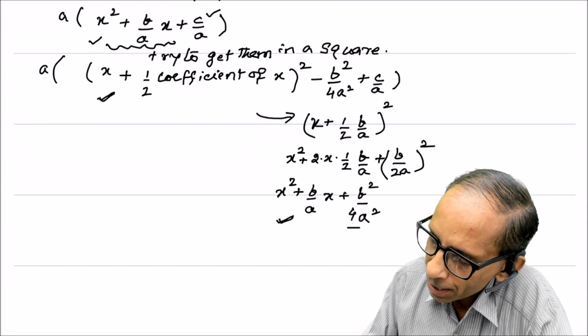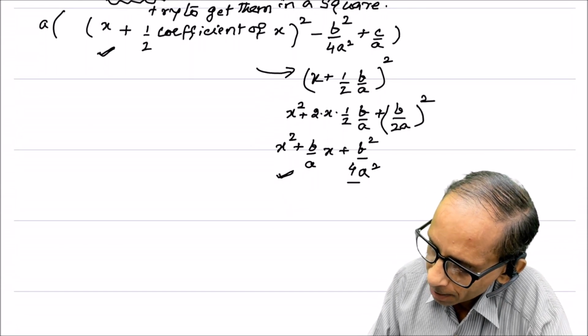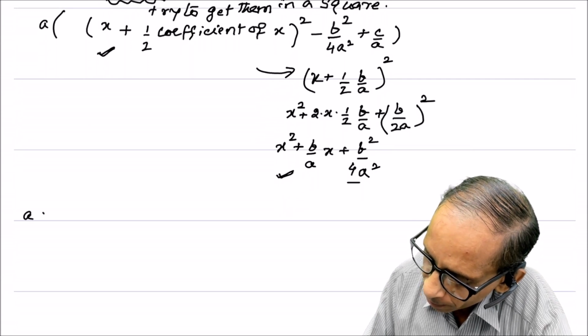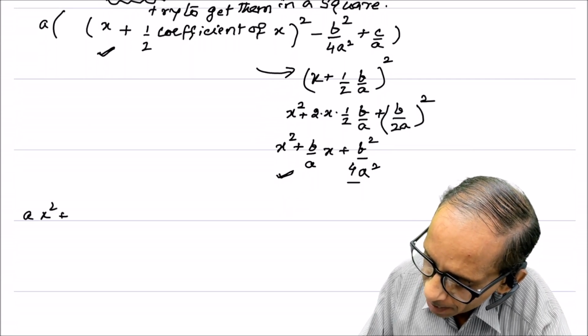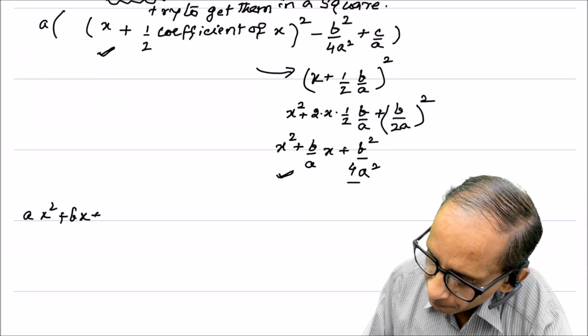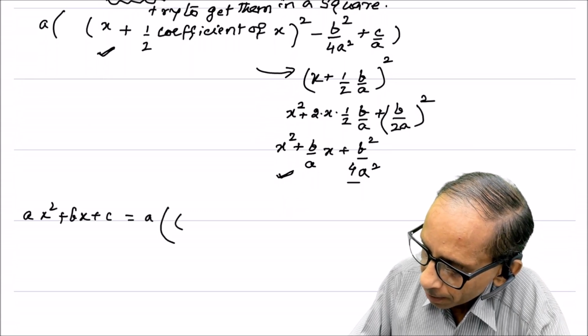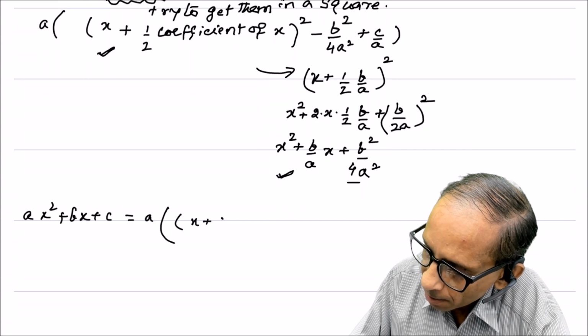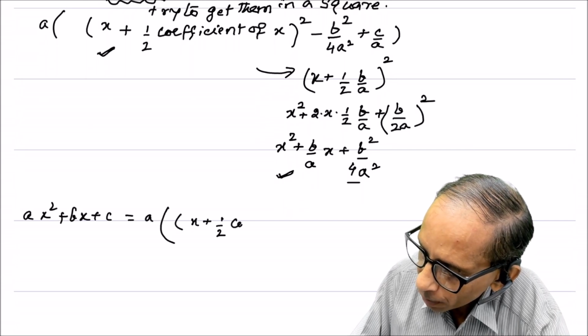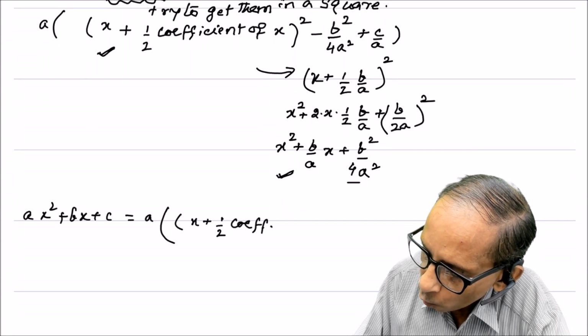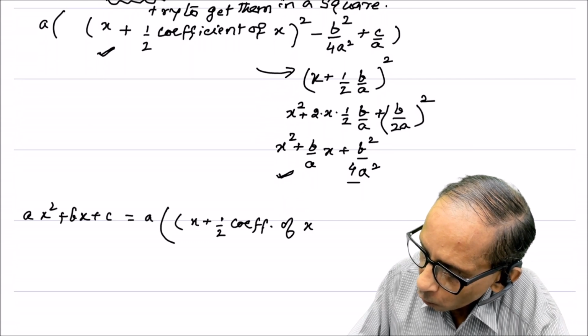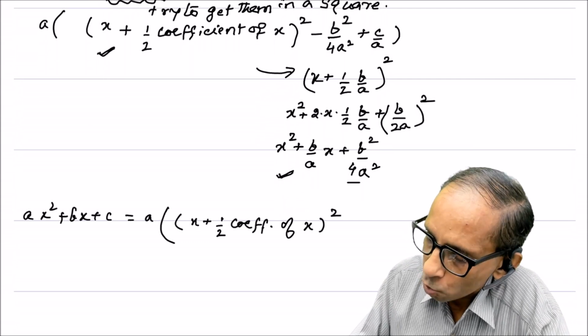So what we have achieved in the whole process is ax square plus bx plus c. It is a times x plus half of the coefficient of x, the whole square.